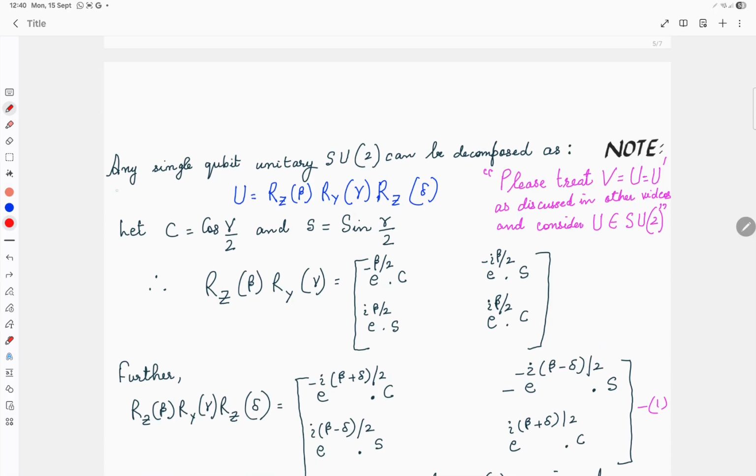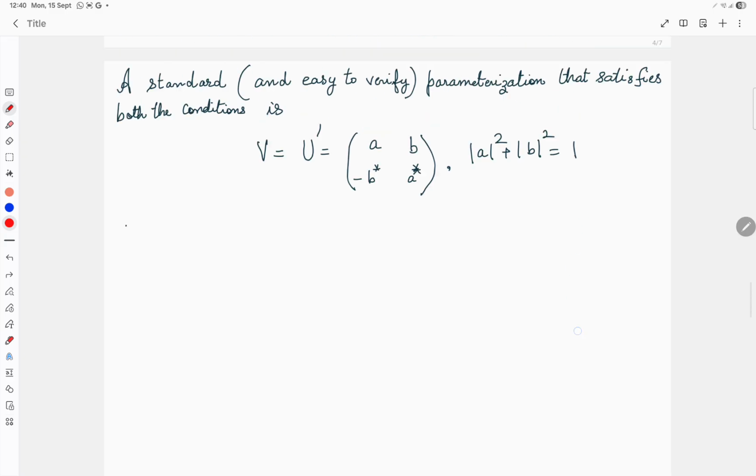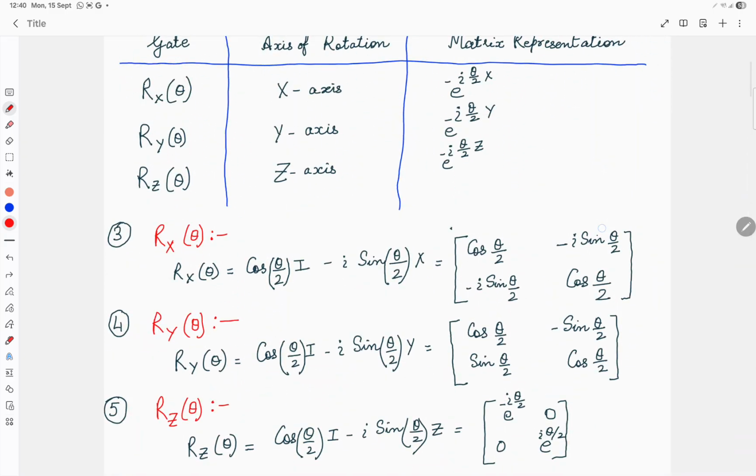As I told you, any single qubit unitary can be decomposed as Rz beta, Ry gamma, Rz delta. So how will you obtain this? You write the equations for Rz beta, Ry gamma and Rz delta. These are the matrices Rx, Ry and Rz that I have just described here.